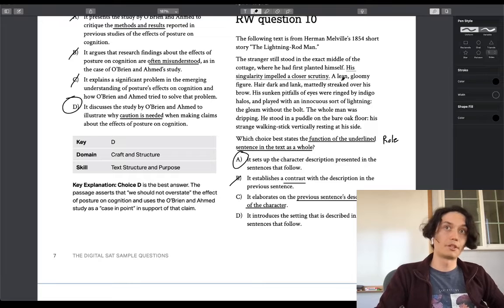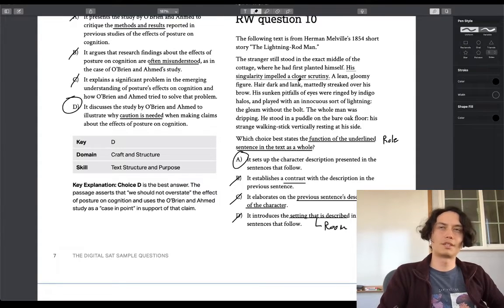It's setting up. This is a description of the character, but this part isn't the part where the character is being described. Okay. It introduces the setting that is described, and this is the right answer. Also, with the setting that is described in the sentences that follow, if this were right, what this is saying is that we're describing the room.